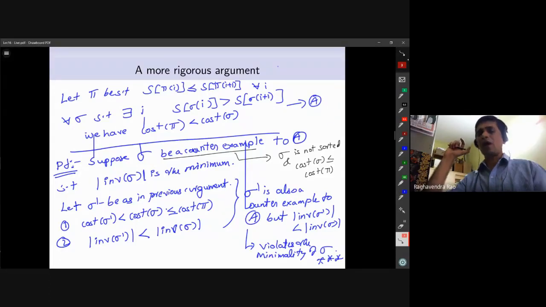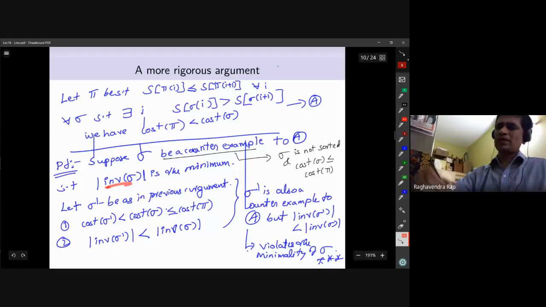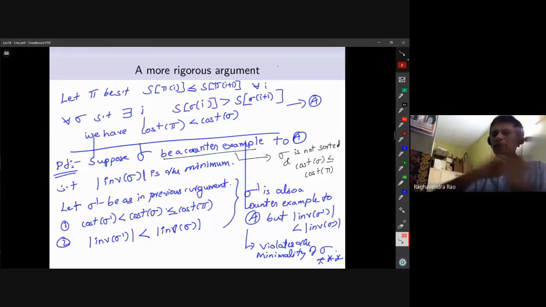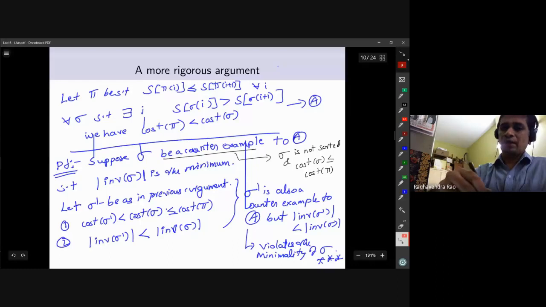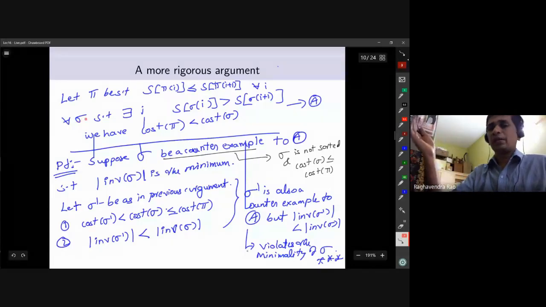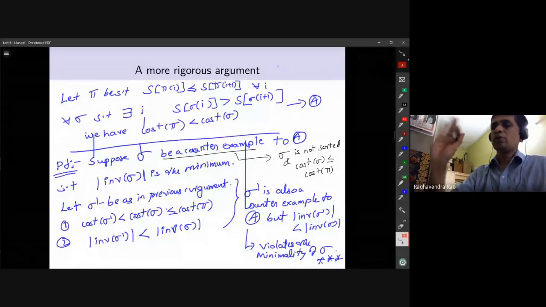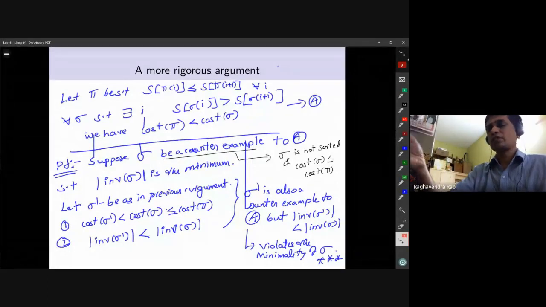Like I said, you can also argue by induction. Okay, so like one of your classmates suggested, induction on the number of inversions. It's again a similar argument. How will you go about it? So by induction, assume that for all sigma such that the number of inversions is at most k, the statement is true. Now you consider a permutation with number of inversions k plus 1.